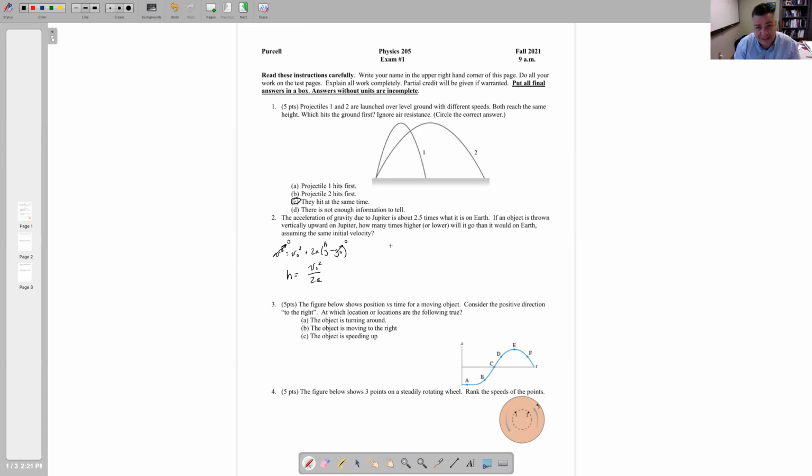So the way I did this, just to keep track of things, and you can reason through it differently, but the height on Jupiter divided by the height on Earth, that would be the same speed. So I'll just use v naught squared over 2. And on Jupiter, it's not going to be g, it's going to be 2.5 g.